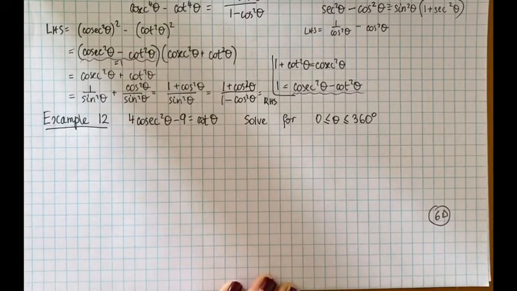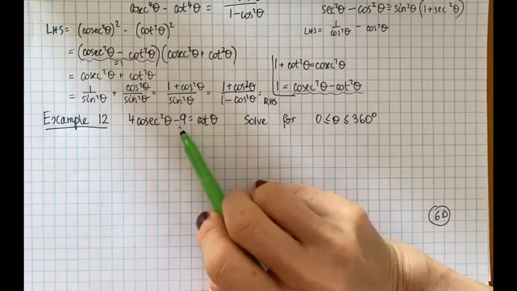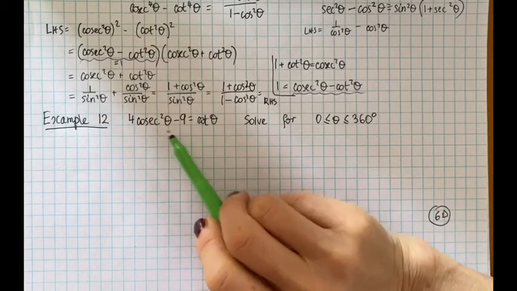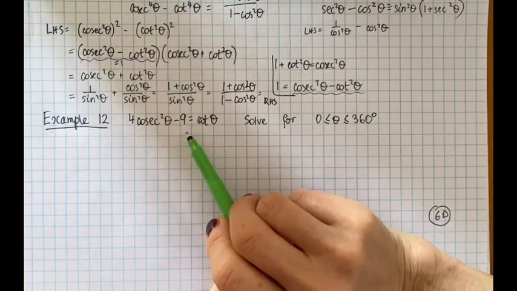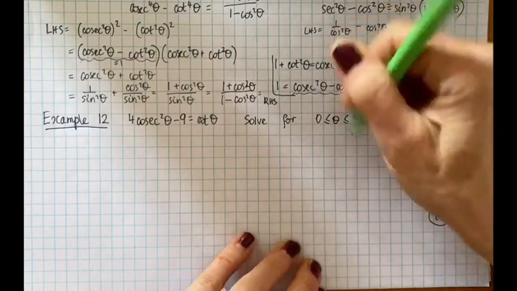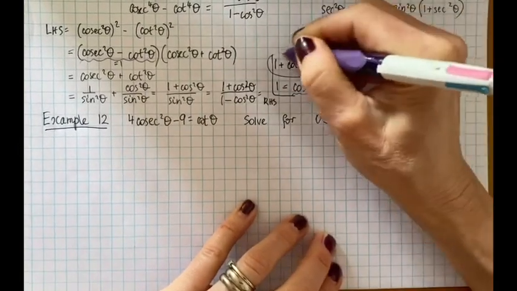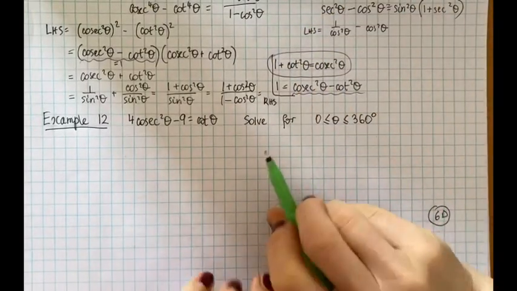It is the last example, but there is no proof here, although we are going to use an identity. So remember, if you've got an equation, it says to solve. You've got cosec and you've got cot. Cosec, especially when one of them is squared, and cot have a lovely identity that can be used. So there you go. 1 plus cot squared is equal to cosec squared.